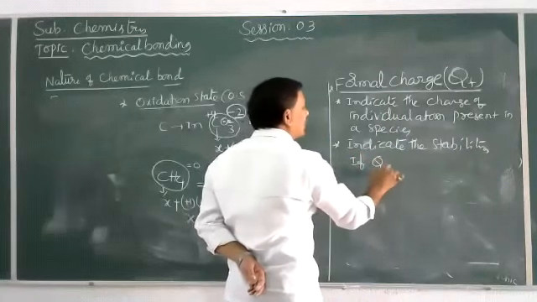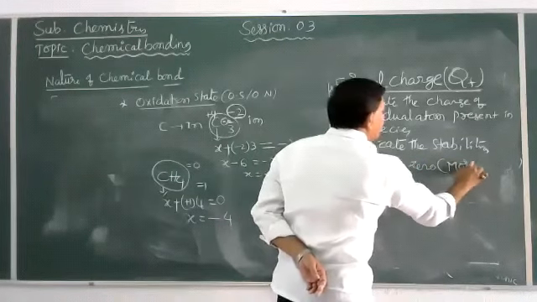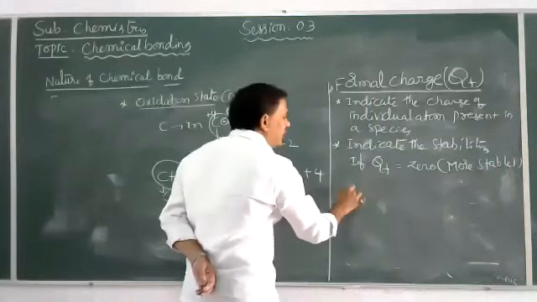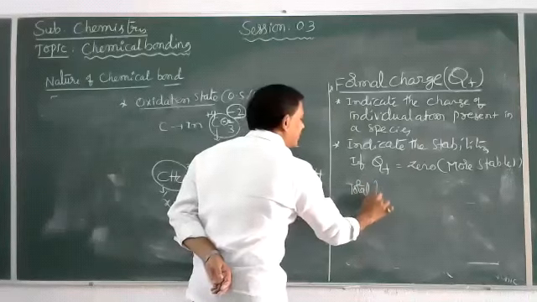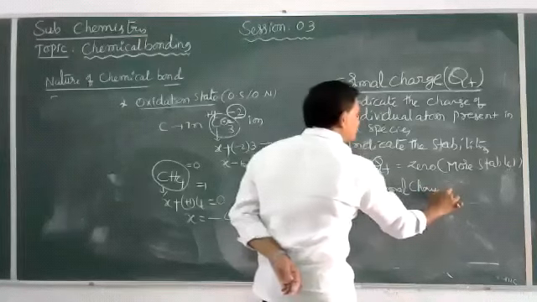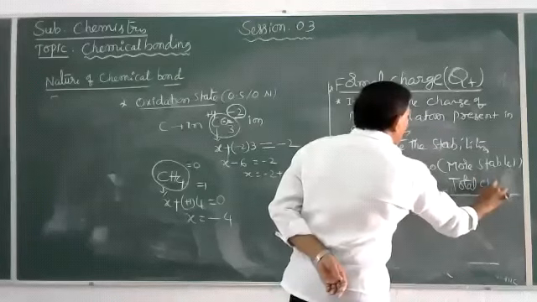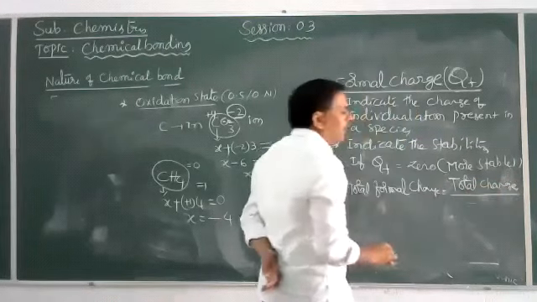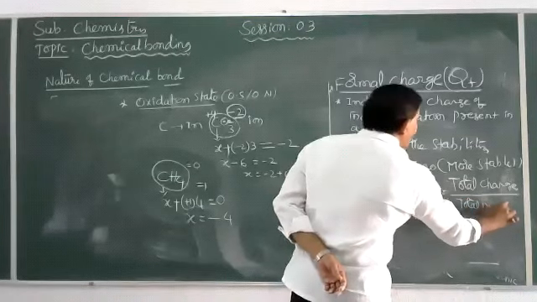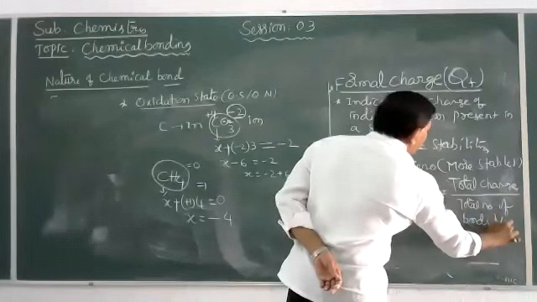If formal charge QF is equal to 0, that is more stable. Generally we can calculate total formal charge as the sum of the total charge on each and every atom divided by the total number of bonds between two atoms of an element.